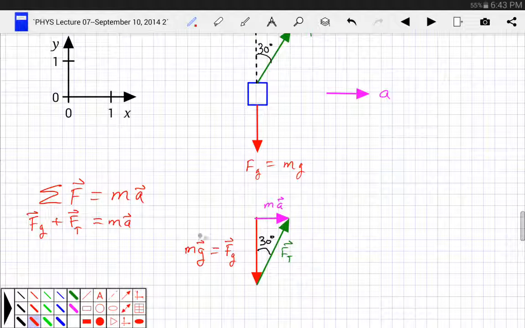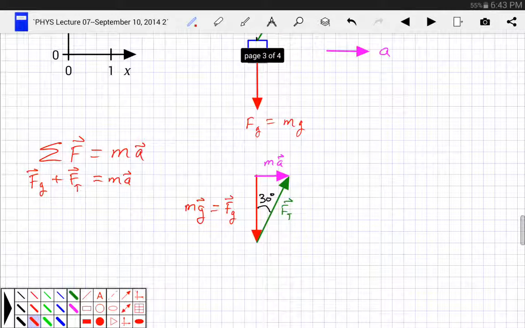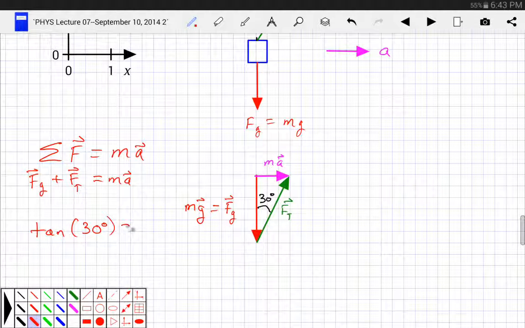I will just take the magnitudes, drop off the vector signs, and use my trigonometry to say that the tangent of 30 degrees is equal to the opposite side, ma, divided by the adjacent side, mg.